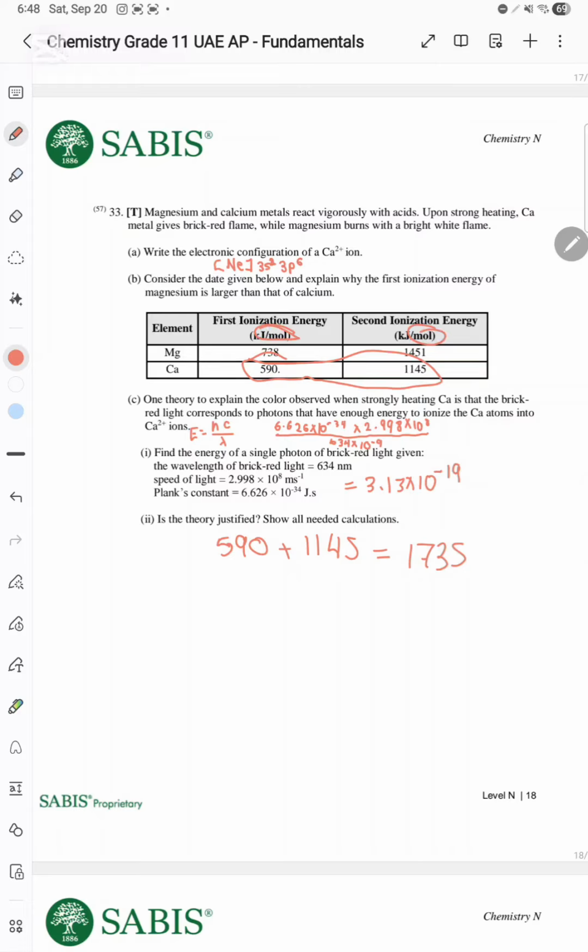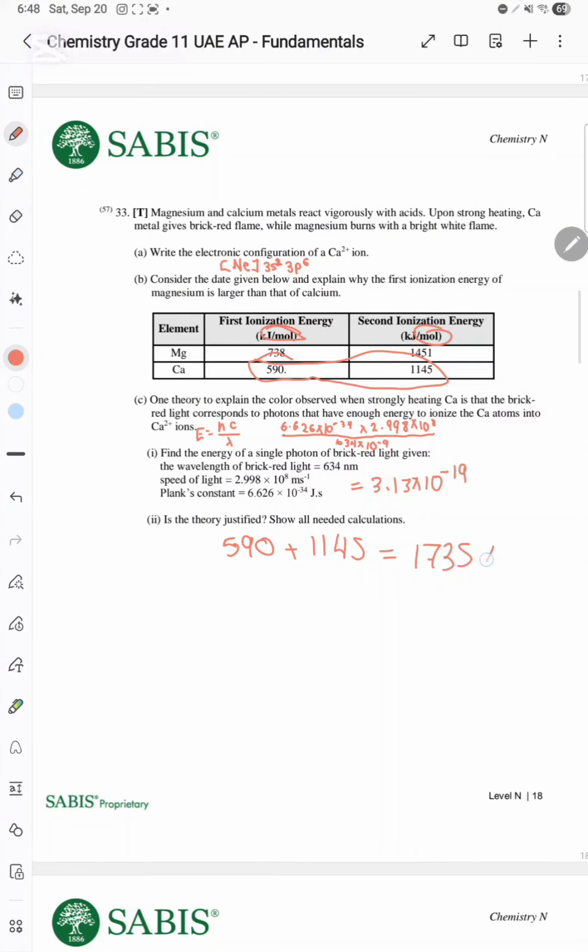We need it per photon. To make it per photon, you divide it by Avogadro's number. So it is times 10 power 3, because this is in kilojoules, so you need to make it in joules, per mole, which is 6.022 times 10 power 23.